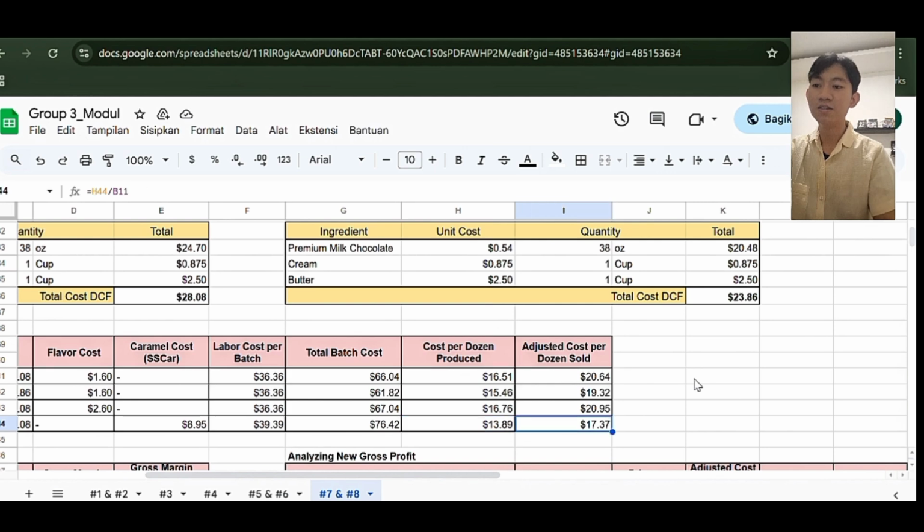It is all the same calculation, where we divide by 0.8.